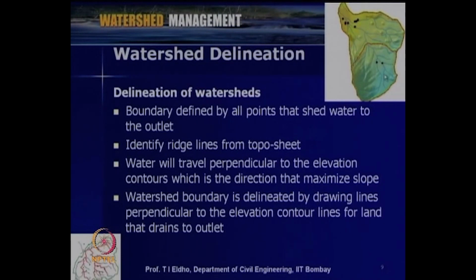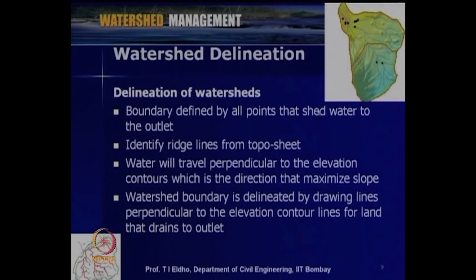For example, in this figure, if this is our outlet of the watershed, this is the watershed, and a sub watershed can also be there. If you consider this as a sub watershed, this is the outlet of the sub watershed, and if you consider this as the total watershed, then this is the outlet of the main watershed.